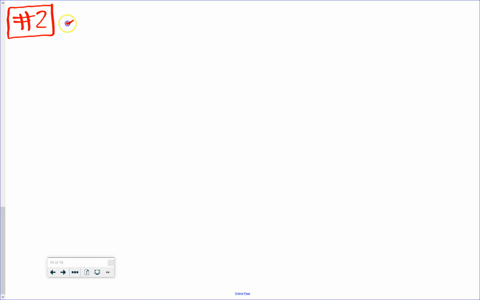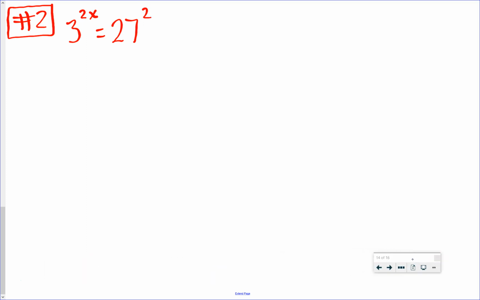So, we have 3 raised to the 2x is equal to 27 squared, right? That is number 2. I see 2 bases, I see 2 exponents. What log are we going to bring in? 3. Why is it log base 3? Because it's the front. Not because it has the x in the exponent.